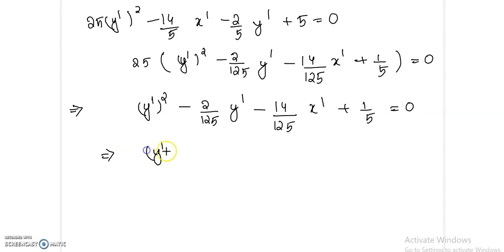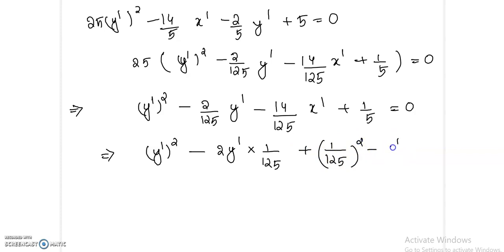So that is y dash square minus 2 y dash into 1 by 125. So this is the term b, the 2ab formula. So 125 whole square minus 1 by 125 whole square, minus 14 by 125 x dash plus 1 by 5 equal to 0.